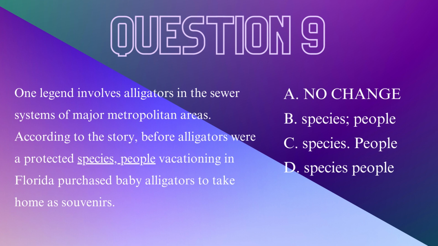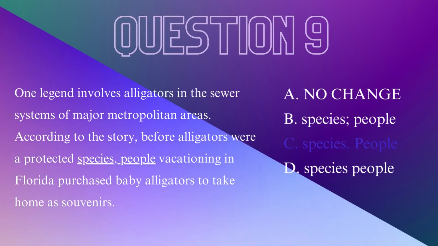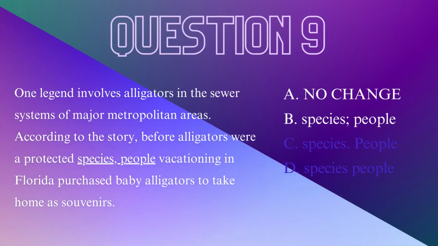However, by placing that period after species, we would have an incomplete and incorrect sentence with, according to the story, before alligators were a protected species. C is incorrect. D is also incorrect because we do need punctuation there. Otherwise, it's a run-on. If B were correct, we would need both parts on either side of the semicolon to be independent clauses, meaning that they could stand as complete sentences alone.